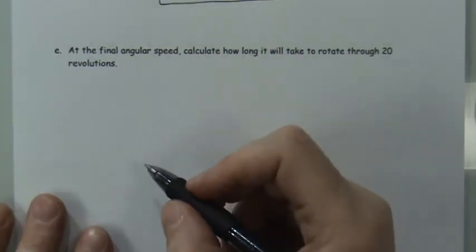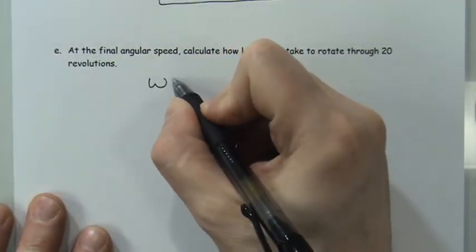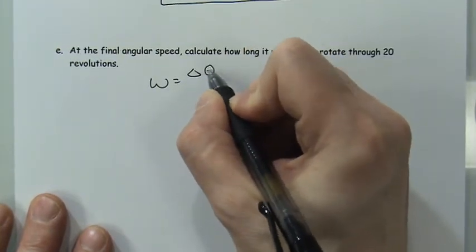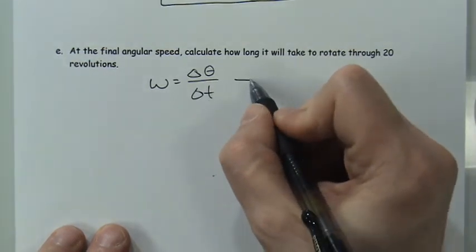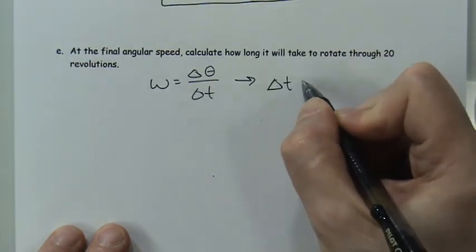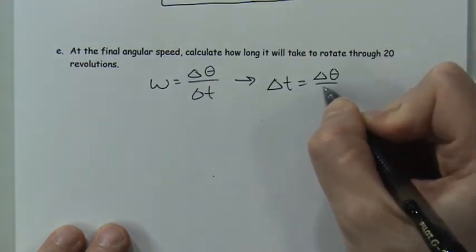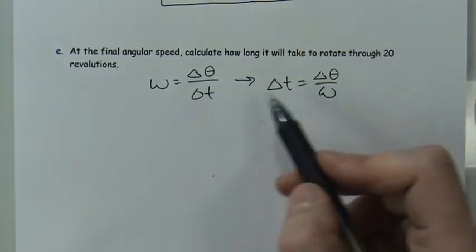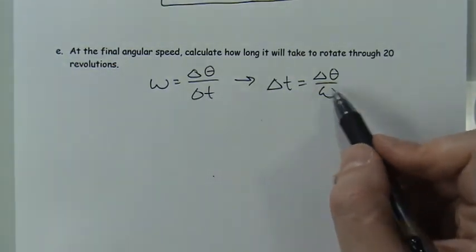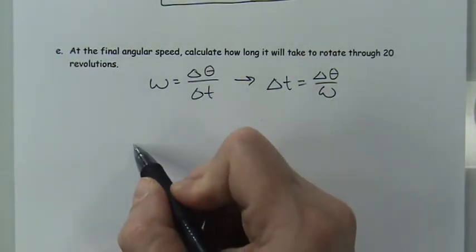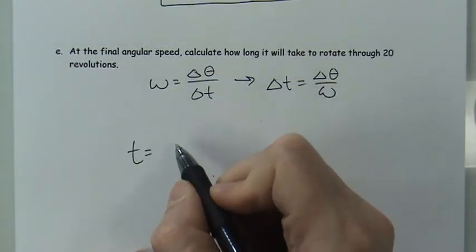In that case, we would use the equation that omega is equal to the change in theta divided by the change in time, and we could rework that equation, because that would say that the change in time would be equal to delta theta divided by omega. All I did was multiply by delta t, and then divide by omega, and I got this version of the equation.